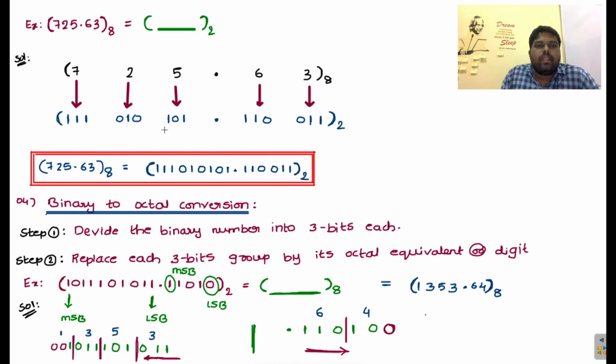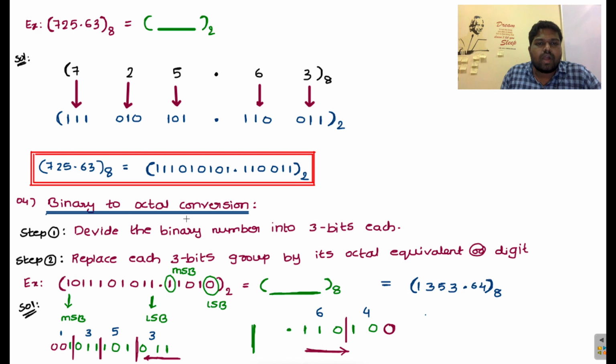Just replace each octal digit with its 3-bit binary equivalent, then combine all the binary bits, and you will get the exact binary equivalent for the given octal number. Then next we can move to binary to octal conversion.